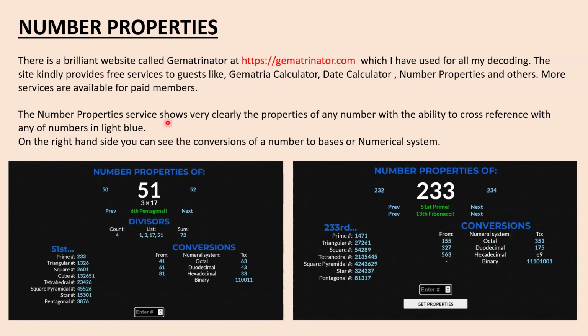The number properties service shows very clearly the properties of any number with the ability to cross-reference with any of the numbers in light blue. On the right-hand side, you can see the conversions of a number to basis or numerical system, it calls it. So you would enter your number that you're looking to search here. It would then bring up this page.